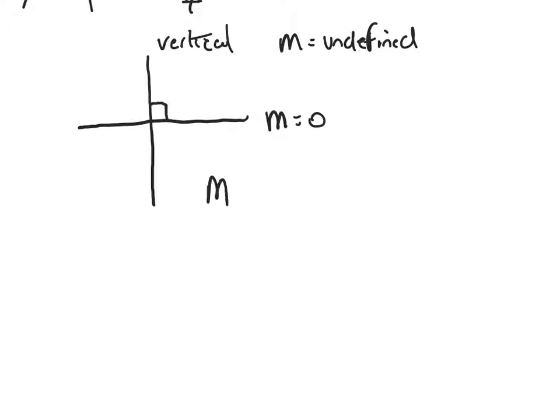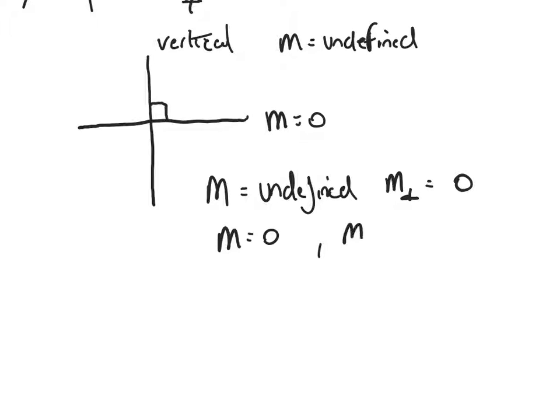So if our gradient is undefined, then the line which is perpendicular has a gradient which is 0, and obviously vice versa is true. So that's the one and only scenario in which we don't use m1 m2 equals -1. For all other lines, m1 m2 equals -1, which is flip and change the sign, will always work.